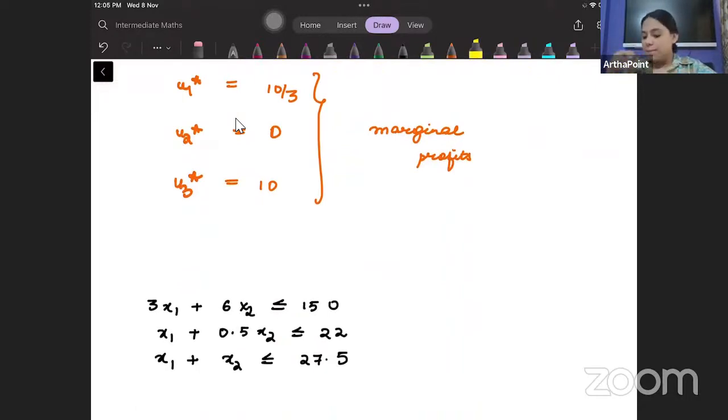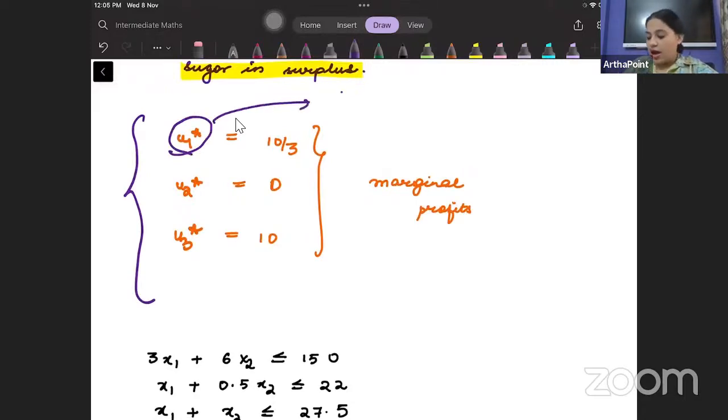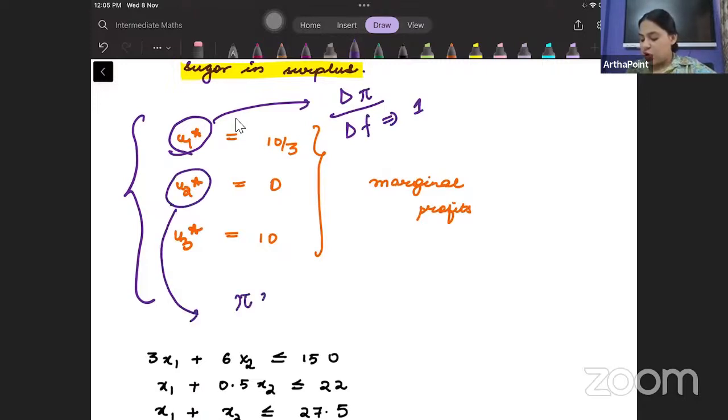Now try to combine the things together and see these things together, beta. This is U1 star. U1 star is representing how my profits change when my flour changes by 1 unit. But this is U2 star. This represents how my profits change when there is a change in sugar by 1 unit. They will not change.